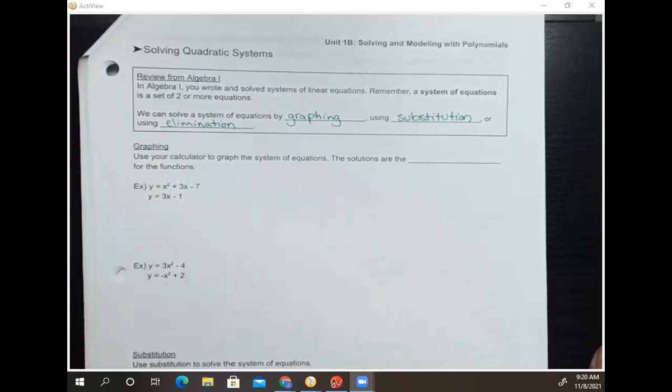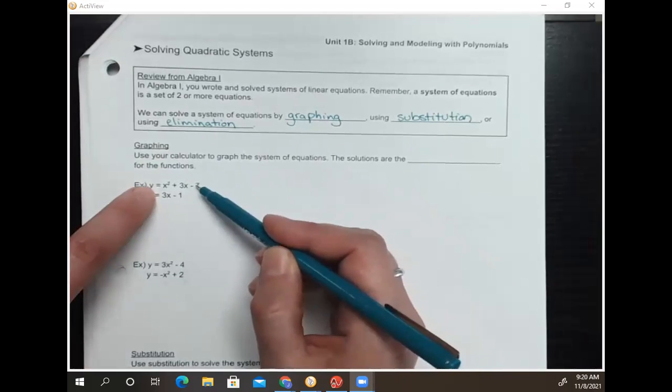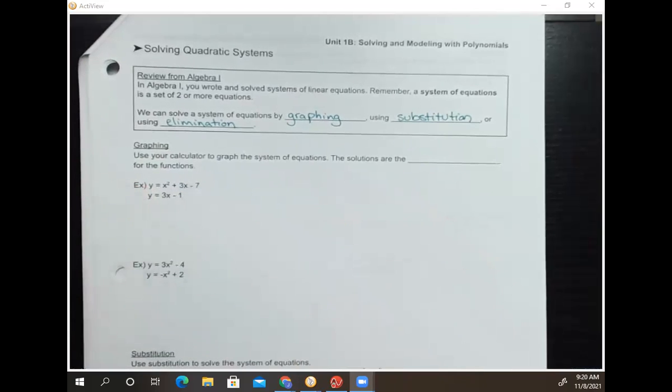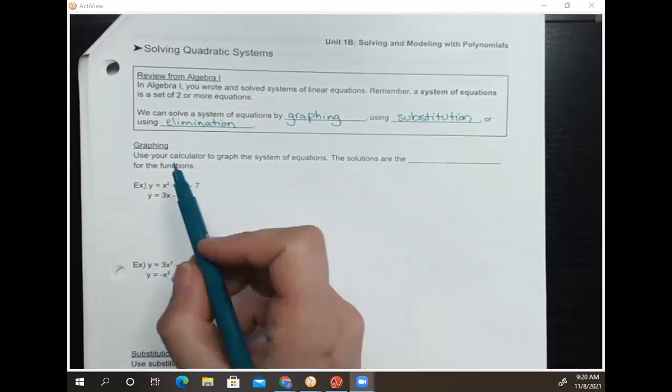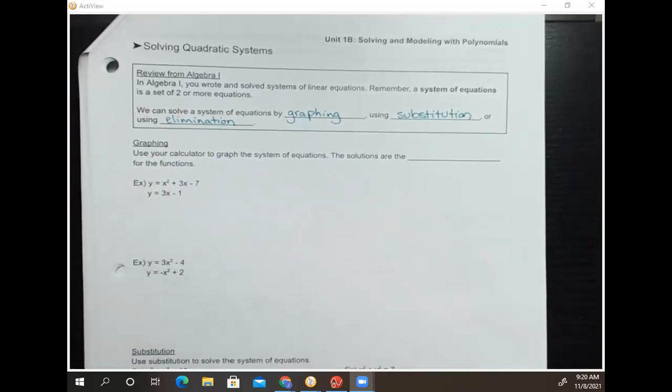We're going to use our calculators to graph these systems, especially since we're dealing with things that might be parabolas that aren't centered at a nice place, or they don't have nice coordinates for their vertex or their stretch. Some of their other points aren't super nice, and we're intersecting them with lines or maybe other parabolas. So we're going to graph these on our calculator rather than on a coordinate plane.